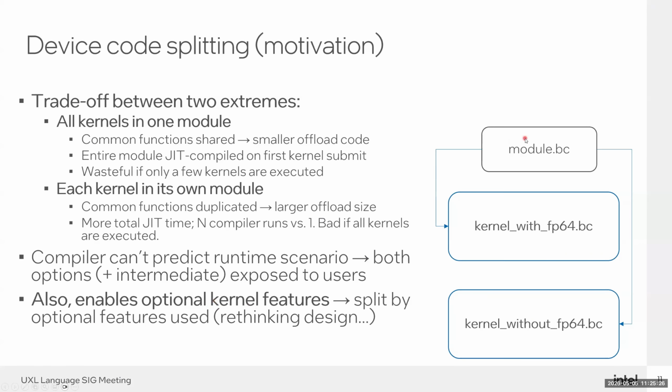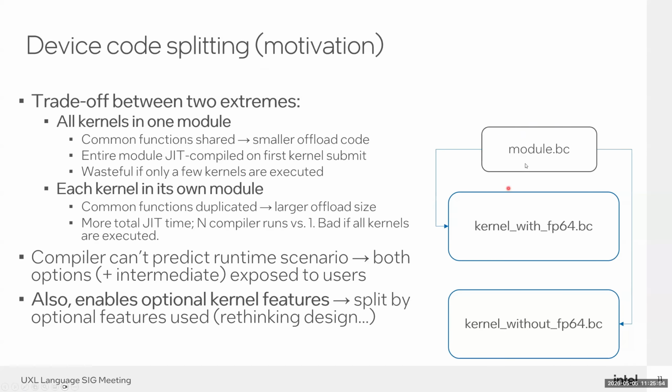For example, you have some kernels which are using FP64 and some kernels which are not using FP64, and sometimes you want to run your code on architectures which support FP64 and sometimes on ones which do not.